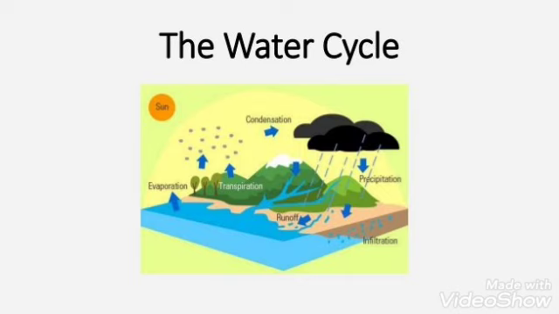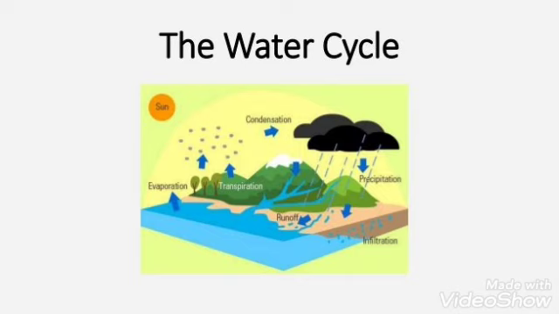So the water cycle can be defined as the continuous movement of water from the earth's surface and water bodies as water vapor to the atmosphere, and then from the atmosphere back to the earth's surface, maybe in the form of rain, hail or snow.